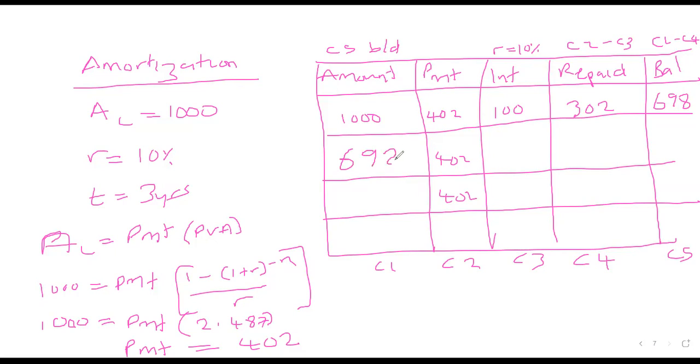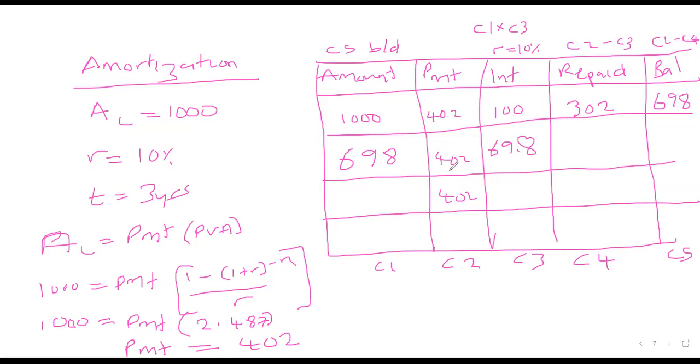Then we repeat the whole process. How do we get this column 3? Simply 10%, column 1 times the percentage, which is column 3. So 10% of this is 69.8. And how do we get this column 4?